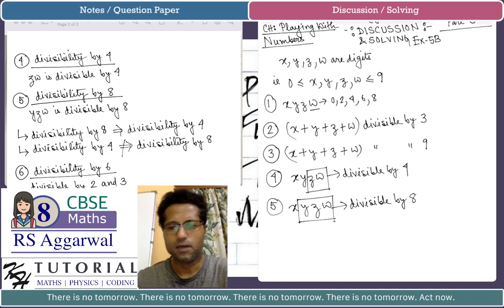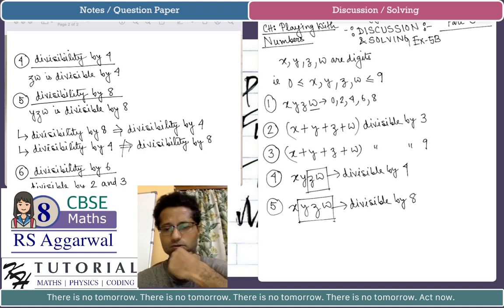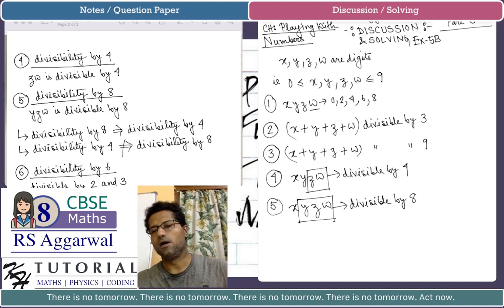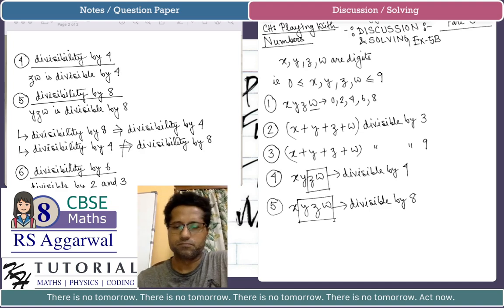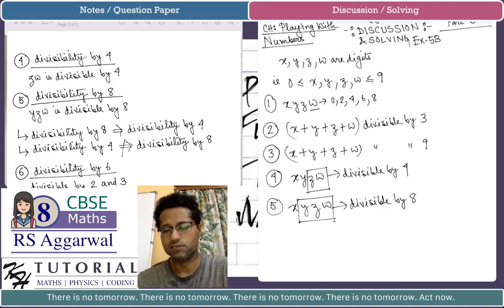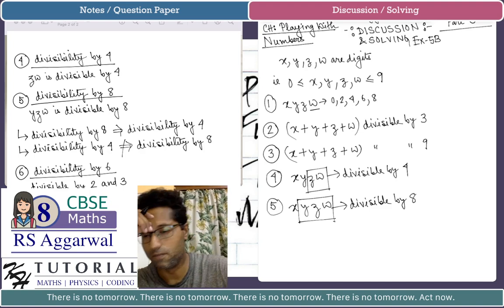Now, regarding the divisibility of 4 and 8, you must also keep in mind, just as I discussed for divisibility by 3 and 9, if a number is divisible by 4, it does not mean that it will be divisible by 8. For example, 4 is divisible by 4, but 4 is not divisible by 8. 12 is divisible by 4, 12 is not divisible by 8.